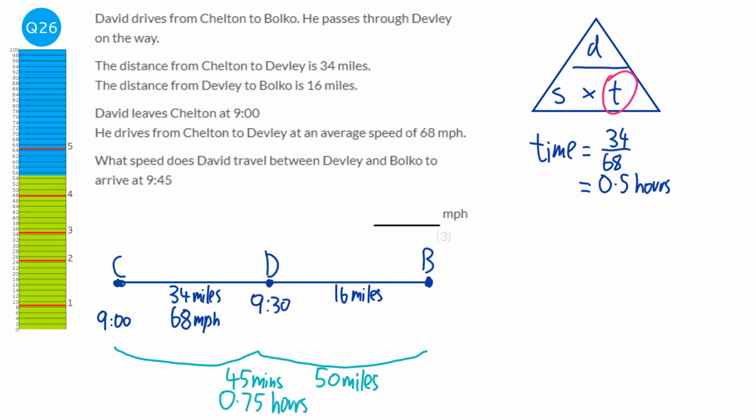That means we've got 15 minutes left. So we've got 15 minutes to travel the 16 miles. This time we're looking for the speed. So speed equals the distance, which is 16 miles, over time, which is 15 minutes, but we need that in hours, so that would be 0.25 hours.